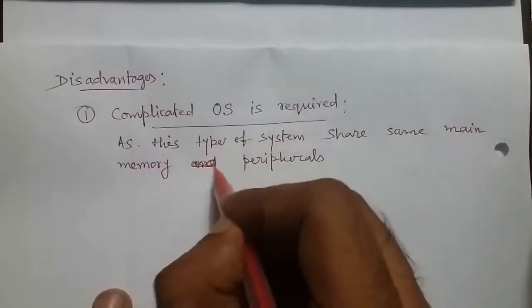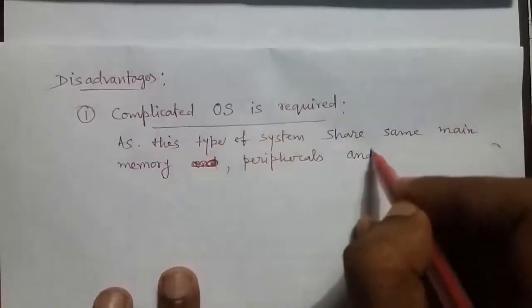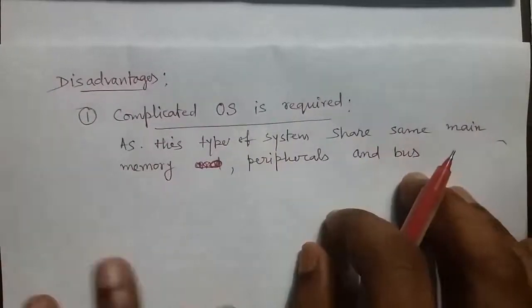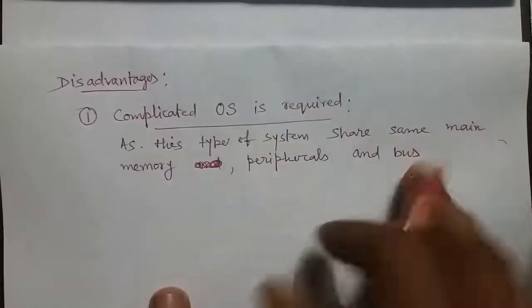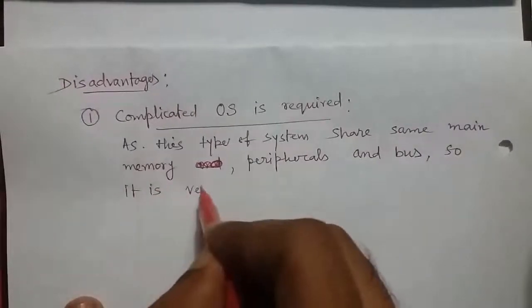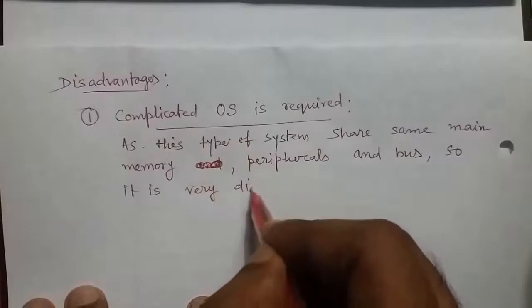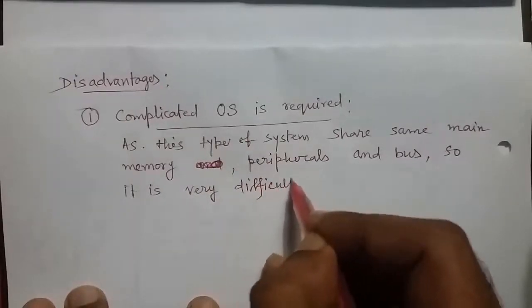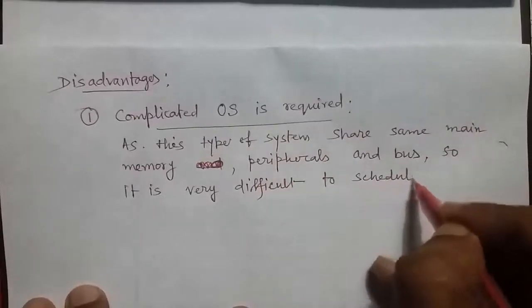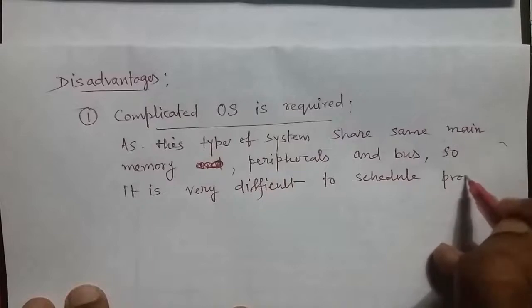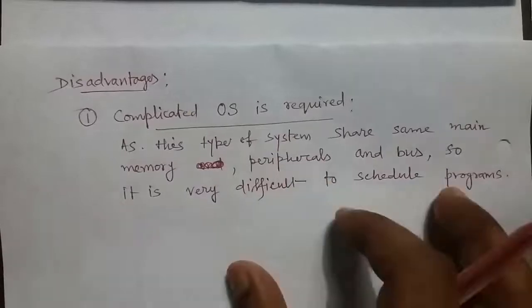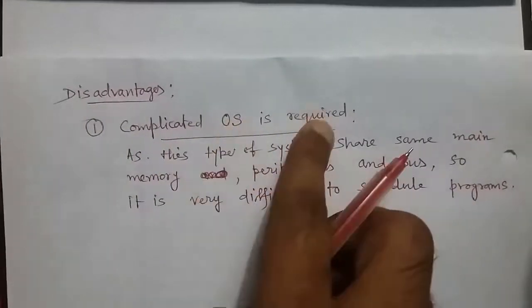You can write same main memory, peripherals and bus also, okay, the communication channel between various units of the computer system. So it is very difficult to schedule programs. Okay. So to solve this, complicated ways are needed.